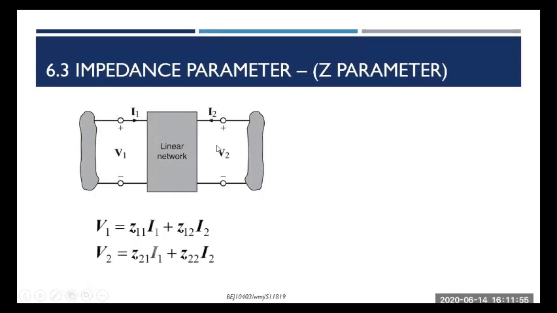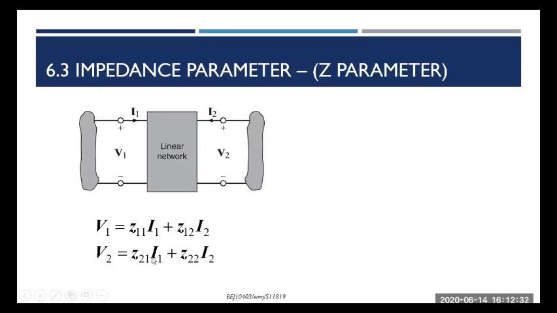So remember that for a two-port network, you must relate the voltage and the current based on the terminal equation. So if you have this equation, your V1 equals Z11 I1, that is your current entering from the input port, and you have Z12, that is your impedance from the input port to the output port, times your I2. And V2 is the voltage at the output port.